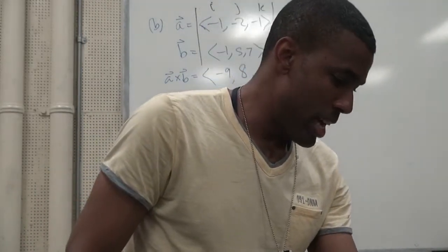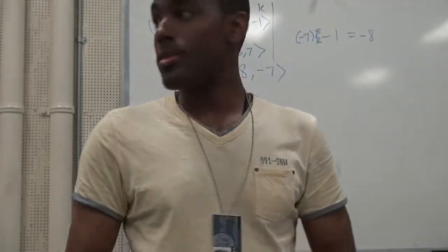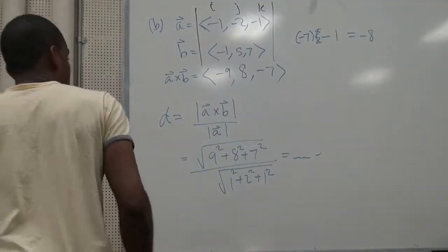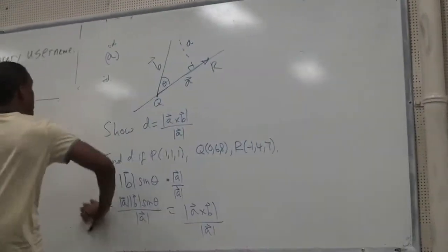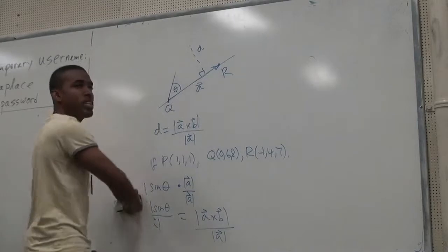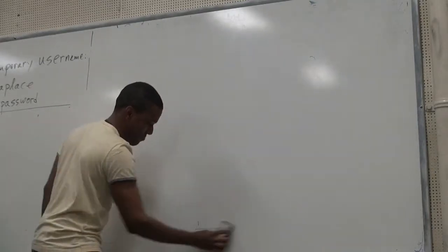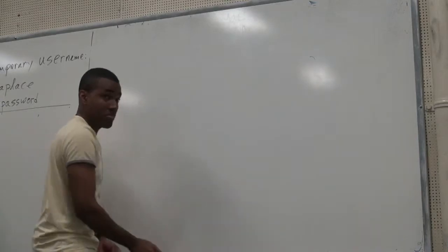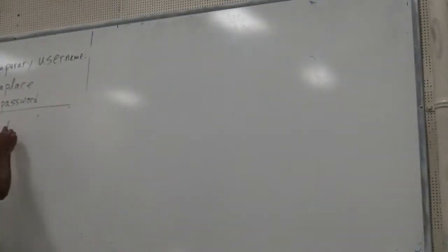Okay, so what did we do last time? We did calculus. Okay, who can tell me what the equation of a line is without looking in the book? r of t equals r naught plus t times the direction vector.